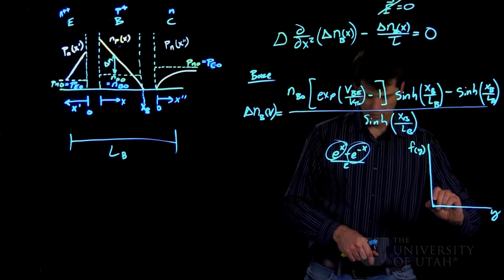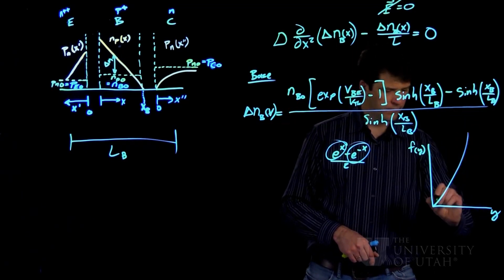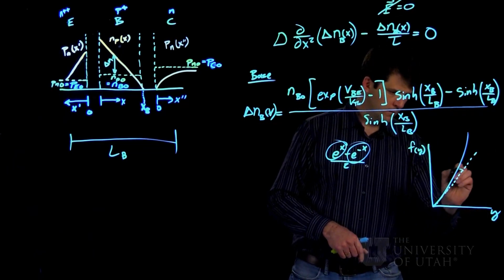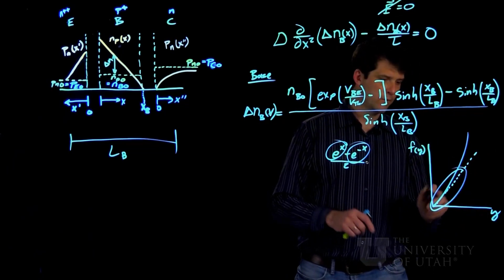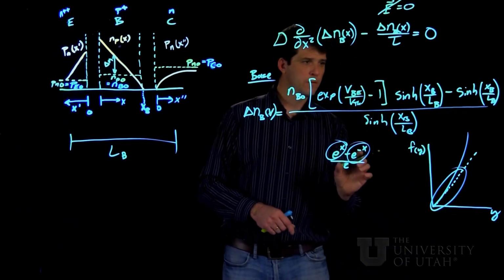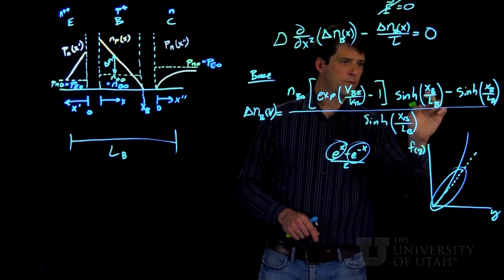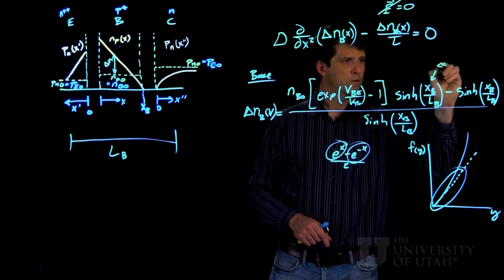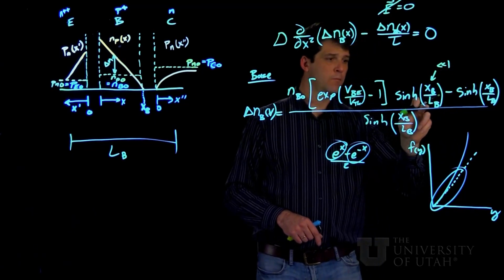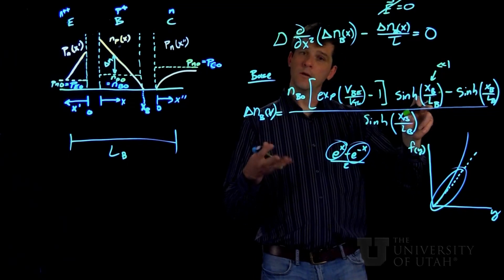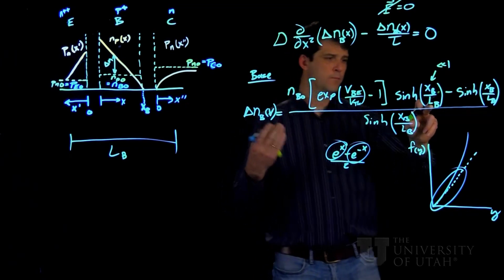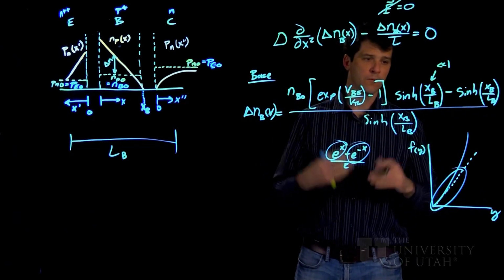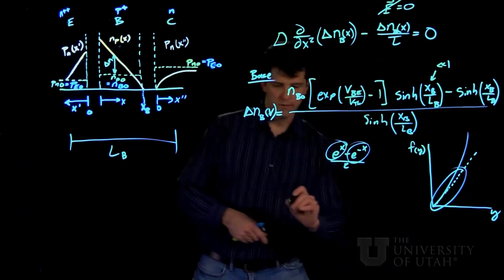So the actual sinh takes off a little more than linearly, but for some region we can linearize it to good accuracy. So what we're going to do is assume that this argument here is small, and that means that essentially we have very long minority carrier lifetime, or that we have very short base width. So both of those conditions can justify this.